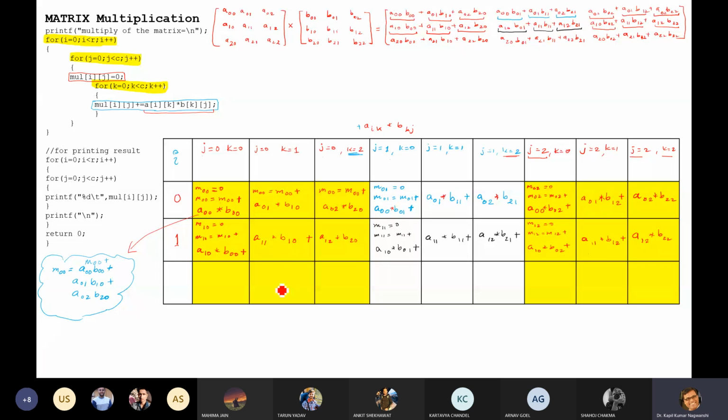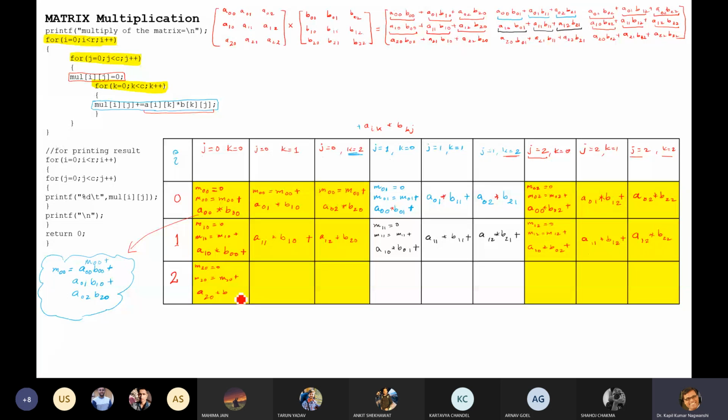So the next loop will start, and this is i equals 2. This is our last one. Whenever we change the value of j, automatically it becomes m20 equals 0. Then m20 equals m20 plus a, what is the value of i? 2, k is 0, multiplied by b 0, 0.